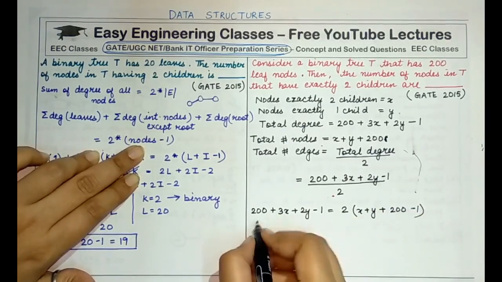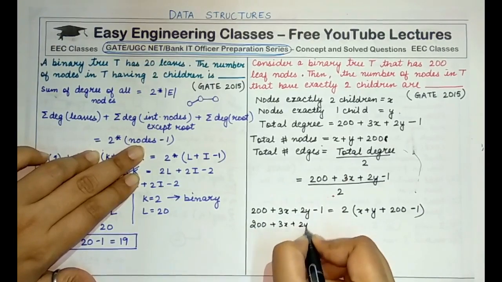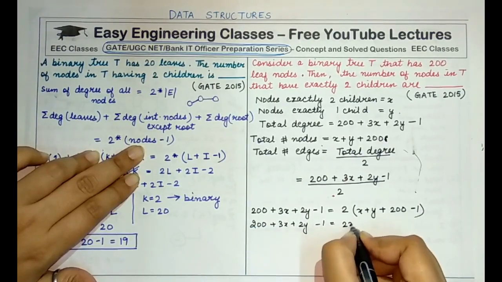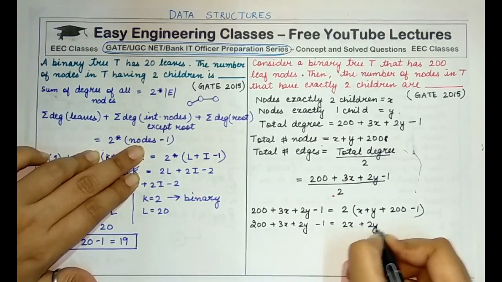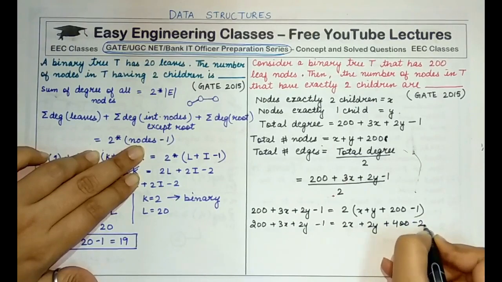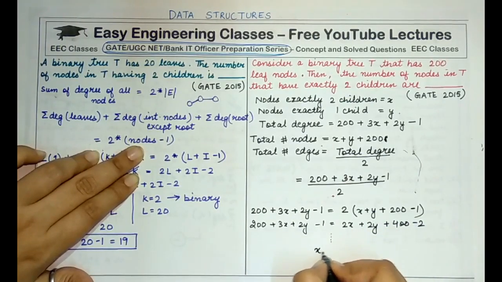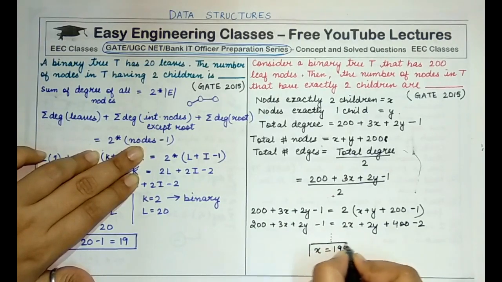So if you solve this further, 3x plus 2y minus 1 is equal to 2x plus 2y plus 400 minus 2. Solving further, you will finally get an answer of x equal to 199. x was the total number of nodes that have exactly 2 children.